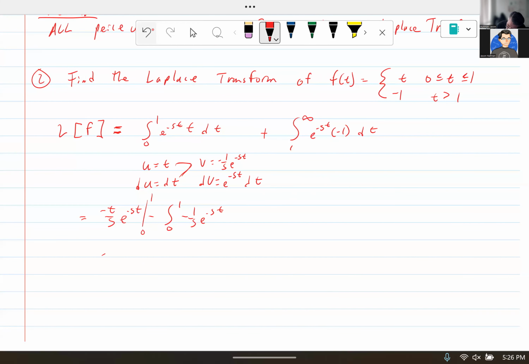So we've got negative t over s, e to the negative st, minus the integral, and the integral of this is going to be another 1 over negative s. So that becomes negative 1 over s squared. I basically end up with 3 negatives: e to the negative st, and the whole thing is evaluated from 0 to 1.